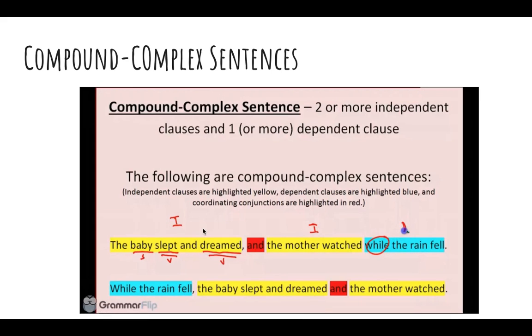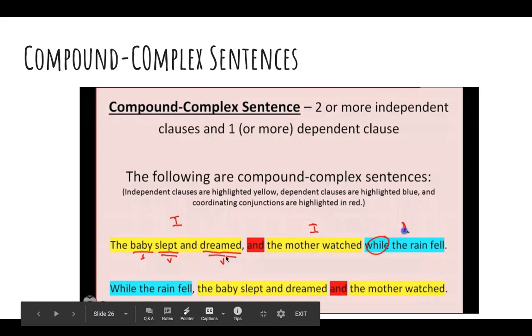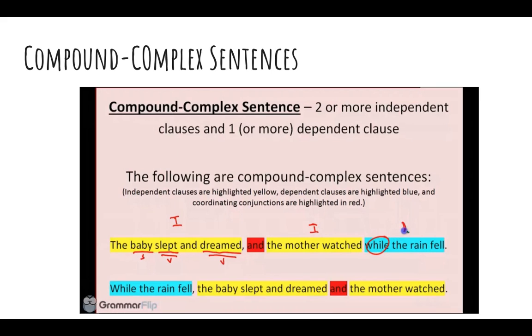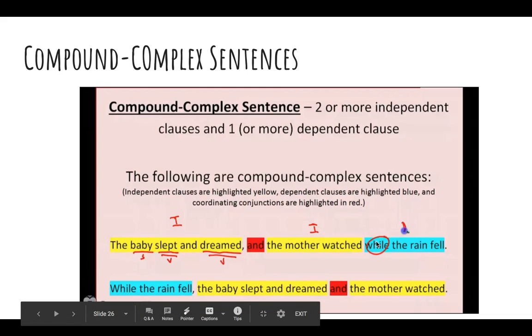Okay, so the independent clauses: the baby slept and dreamed. That is an independent clause. The mother watched. That's an independent clause. While the rain fell. Well, that's a dependent clause because while the rain fell, what? You have to add an independent clause for it to make sense.